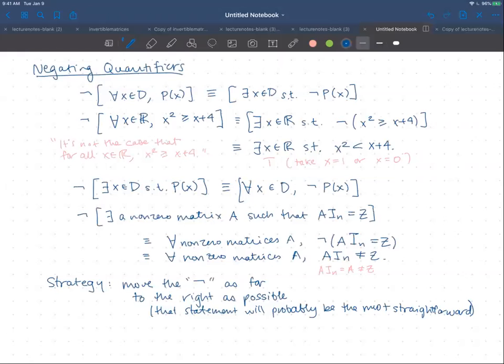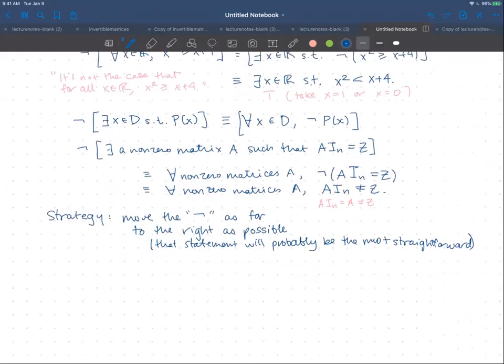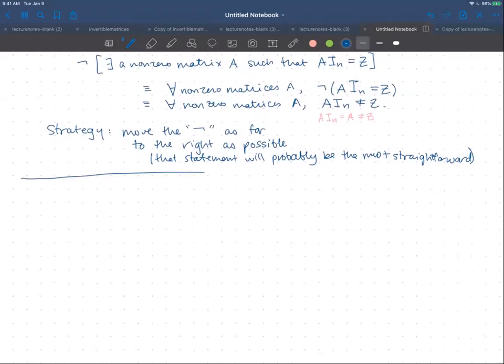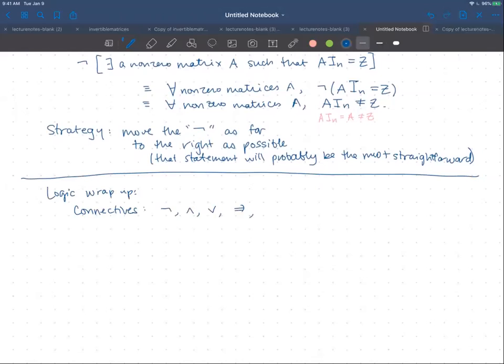So as a wrap up of the logic that we know so far, just a quick logic wrap up. We talked about connectives. We had not, and, or, implication, and the biconditional. And as a bonus, we talked about tautology and contradiction. And we talked about some laws for dealing with these.